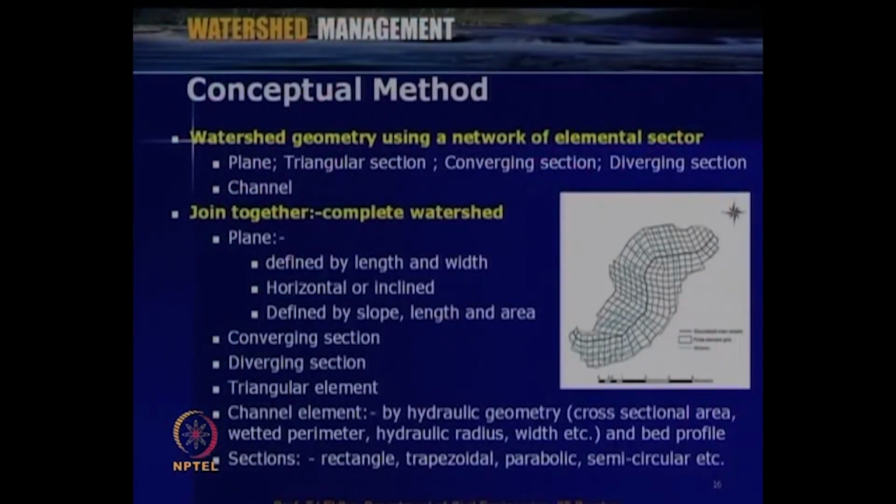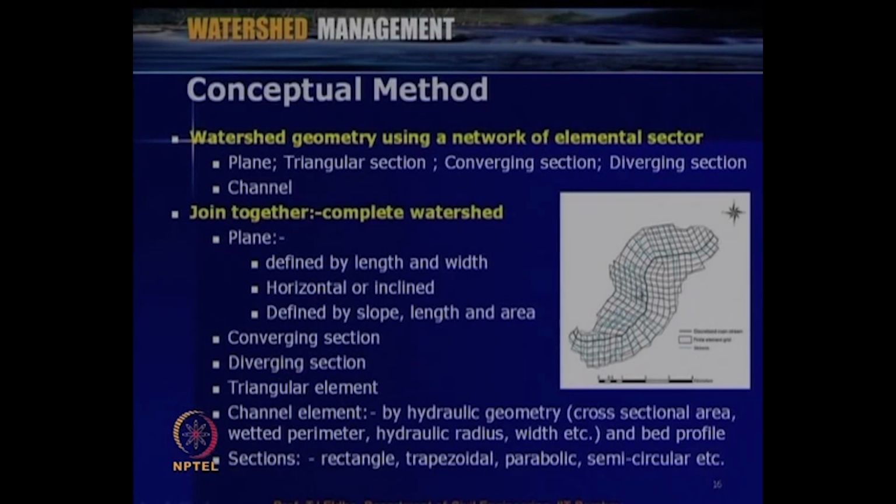The plane is defined by its length and width, and it can be either horizontal or inclined, defined by the slope, length and area. As far as the converging section is concerned, depending upon the variation of the shape of the watershed and the slope, we may use a converging section or a diverging section.